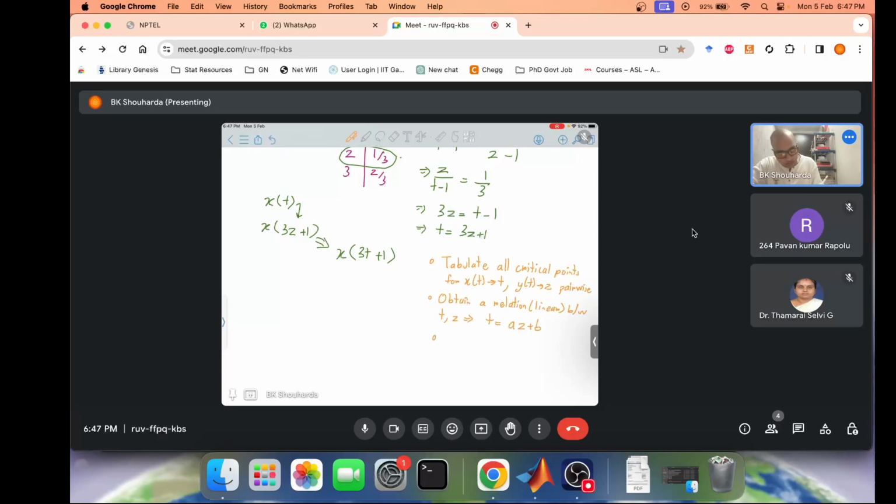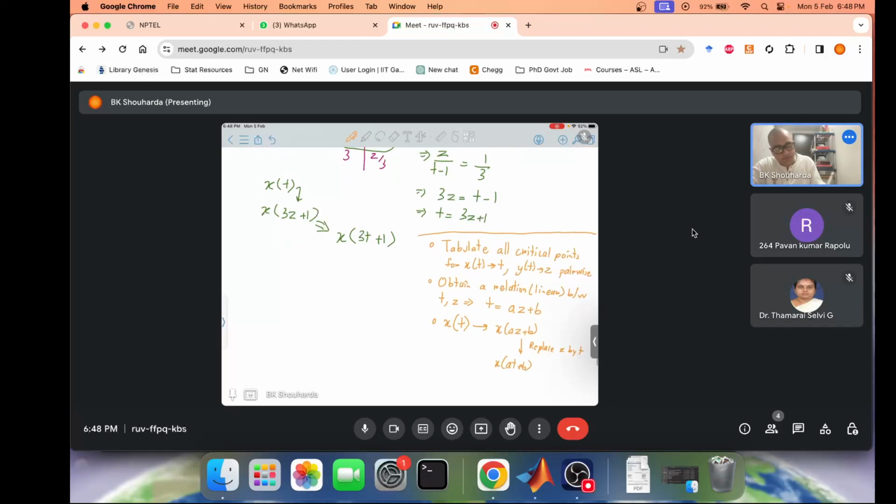So now what we do in this transformation: x of t gets replaced by x of az plus b, and you replace z by t, and you get x of at plus b. That's it. This is the algorithm to find the relation between x of t and y of t.